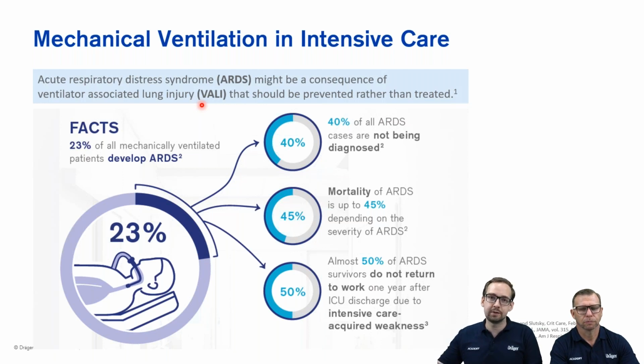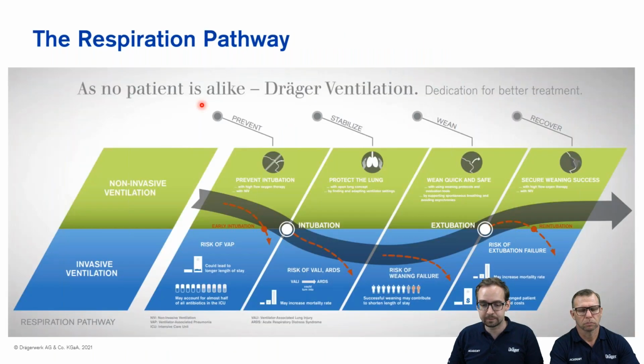Of course, we could even dive deeper and talk about COVID ARDS as well. But in general, ventilator-associated lung injury is a very important aspect in the development of ARDS and of lung injury in general. So what can we do to lower these numbers, to make sure that less patients are affected by ARDS?